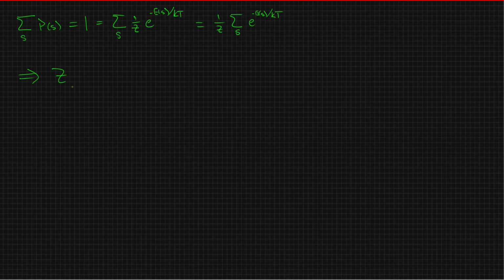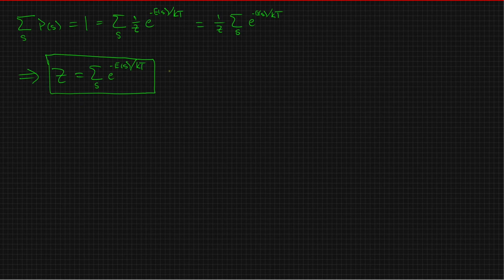Well, we know how to calculate it now. So Z would just be equal to the sum over s of e to the minus E of s, all over k times T. And if these were continuously distributed energies, you would integrate this rather than sum it. But we're just going to write it like this for now.